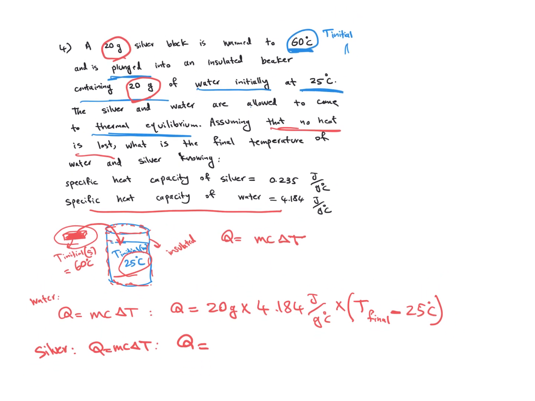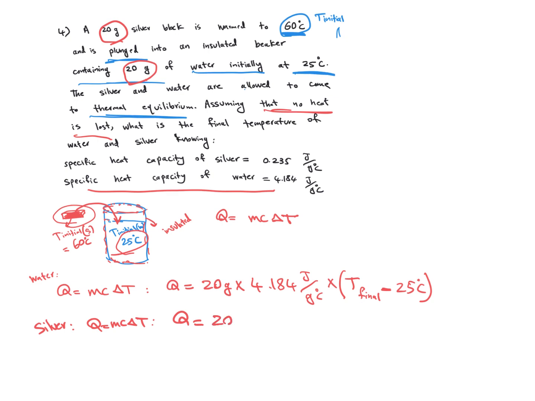I gave you the same number, apparently. 20 grams of silver multiplied by a specific heat capacity of silver, which is 0.235 joules per gram degree Celsius, multiplied by T final, I don't know what it is, minus T initial that I know it is 60 degrees Celsius. So here's the tricky part.